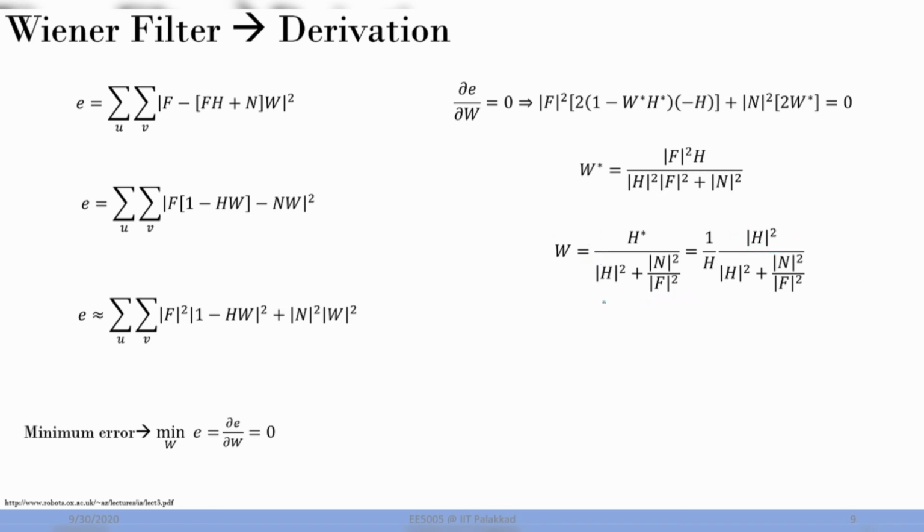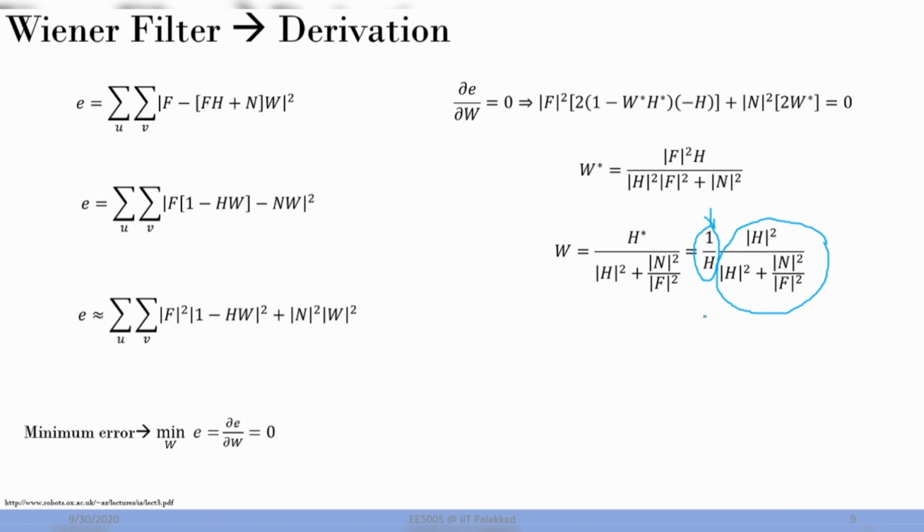So this is fine. If you are working on the Wiener filter, finally you arrive at this particular expression, and I put it in this form because there is a 1 by H factor coming, and this 1 by H, if you see, is nothing but your inversion, right? That is what you were doing earlier, and now there's an additional term which is coming, which is the beauty about the Wiener filter, in this form, right?